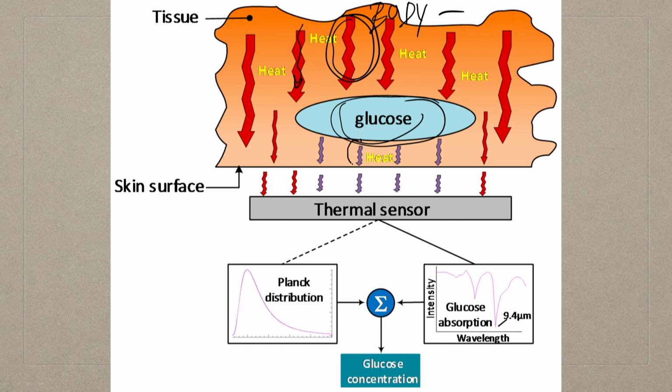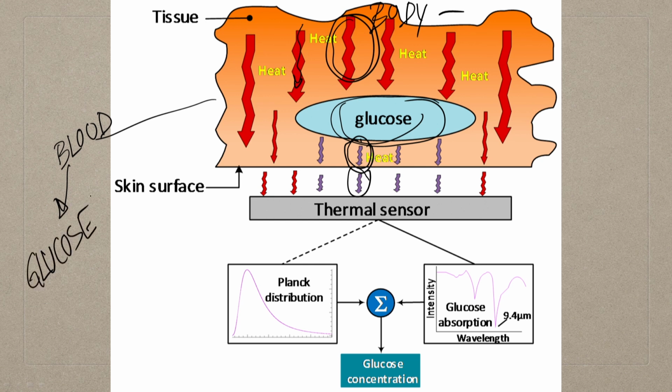Because of the absorption, there is a lesser one here, and here is a thermal sensor. It compares depending on the glucose level of the body, so you back calculate it by using another technique, that say for example, from this tissue you draw the blood and measure the glucose by another in vivo or in vitro technique.